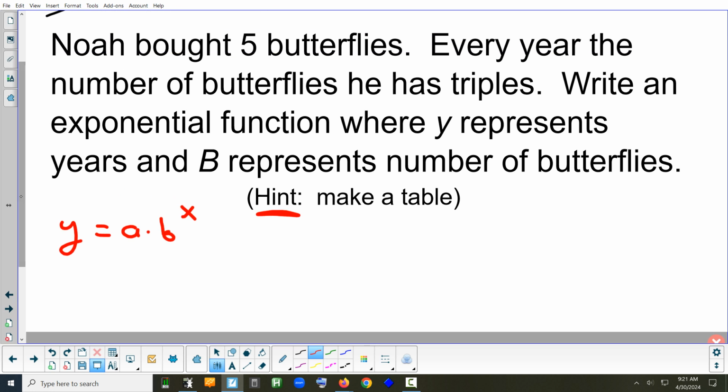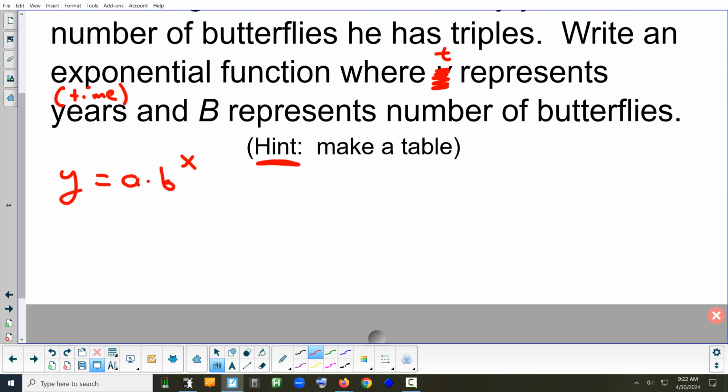So instead of y for years, let's change y to t for time, where t represents the number of years that have gone by. Because I don't want to confuse y with the y-axis here.